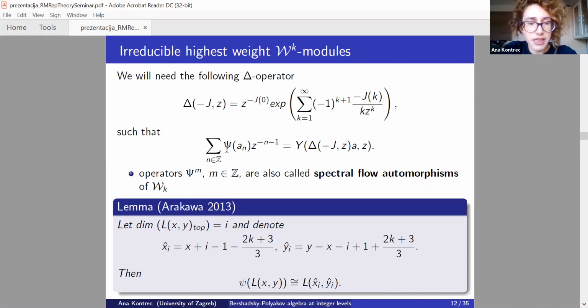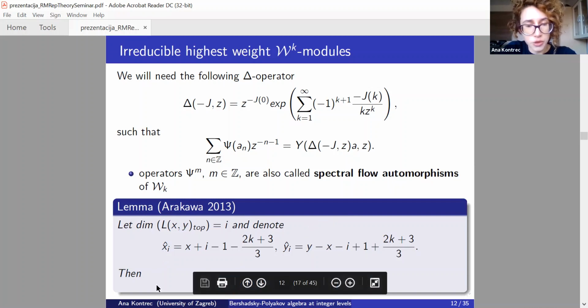What happens here is that suppose that the top level of the module has dimension i, and we act with this delta operator. These operators are also called spectral flow automorphisms, to get a new highest weight.